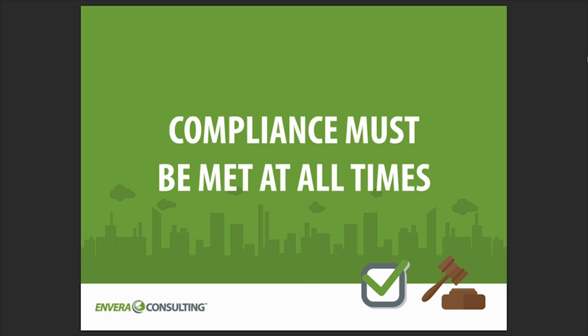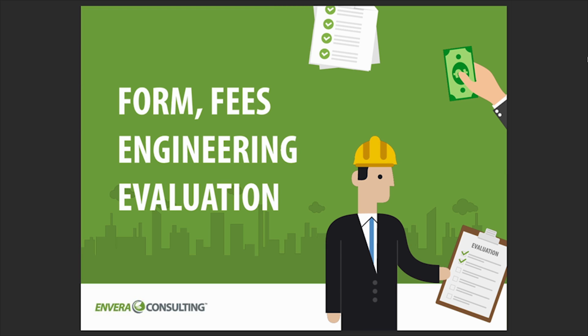Now, when it comes to these permits, compliance with the conditions noted on your permit must be met at all times. And if not, you could potentially find yourself in a sea of problems that could potentially turn into legal issues. And then lastly, we talked about the components of a complete permit application, which are the forms, the fees, and an engineering evaluation.